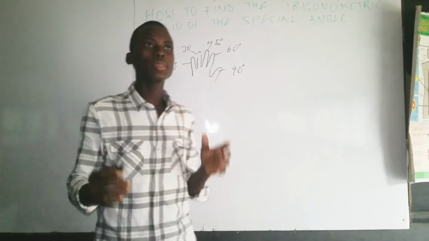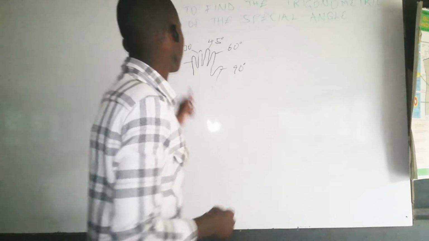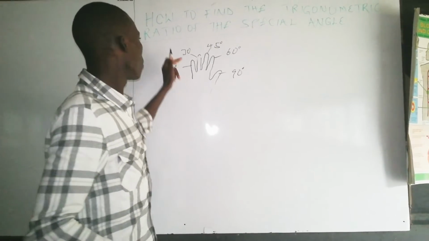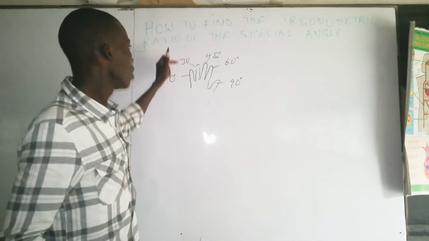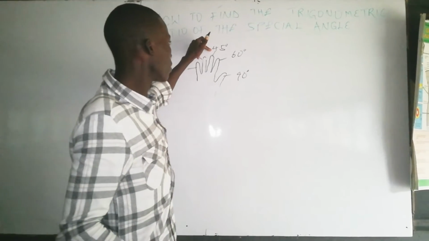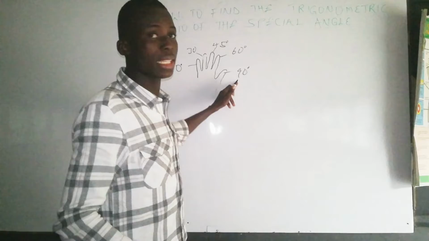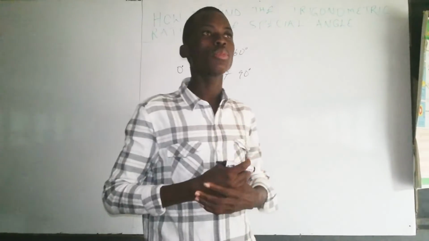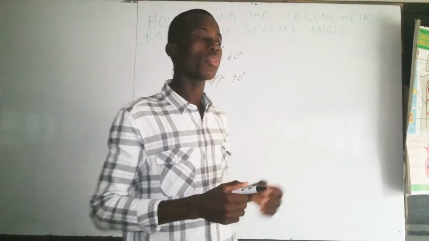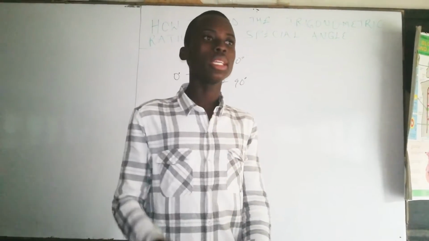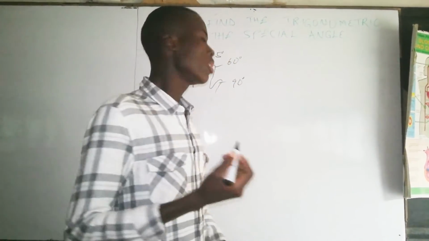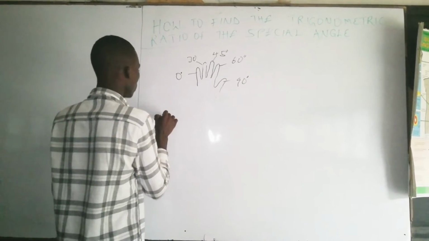So you see how the names are allocated to your fingers. The little finger is 0 degrees, followed by 30 degrees, followed by 45, followed by 60, and then 90. So you are going to find the trigonometric ratios of these angles by using your hand.